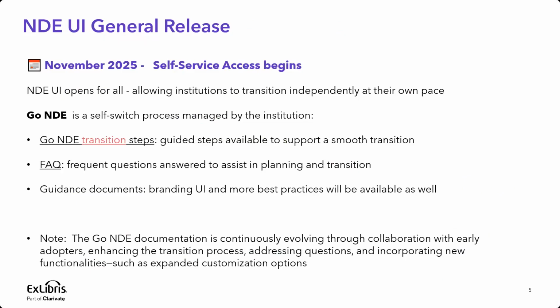The general release for all in November is self-service. At that stage, we will activate NDE on all platforms, and the libraries will be able to create their views when they want, prepare them when they want, and switch when they want. It's a self-switch. So at that stage, most functionalities will be available on the NDE.